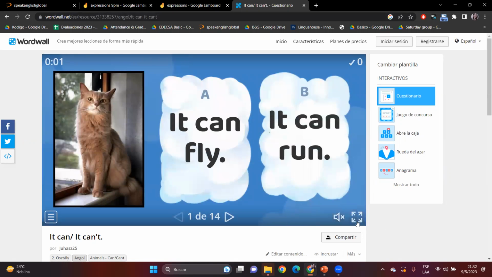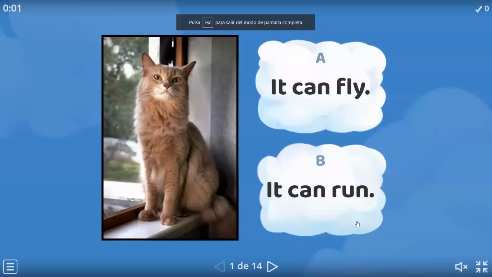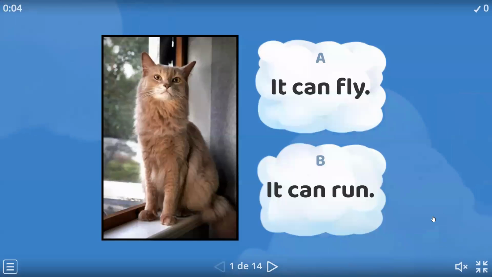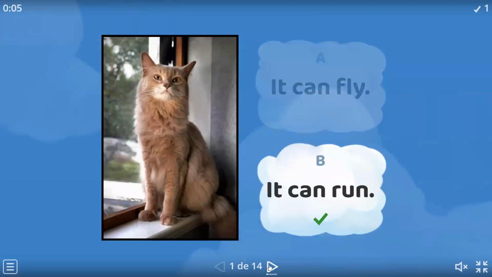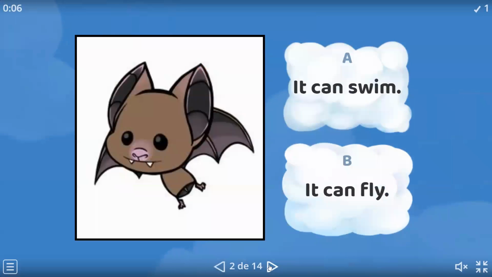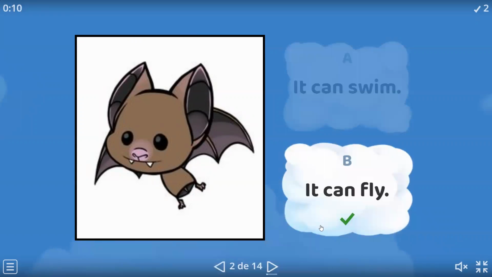Okay, what about the cat? How can we say it? It can run. It can fly. It can fly, yes. I know, right? No, it's not possible. And do you know the name of the animal?